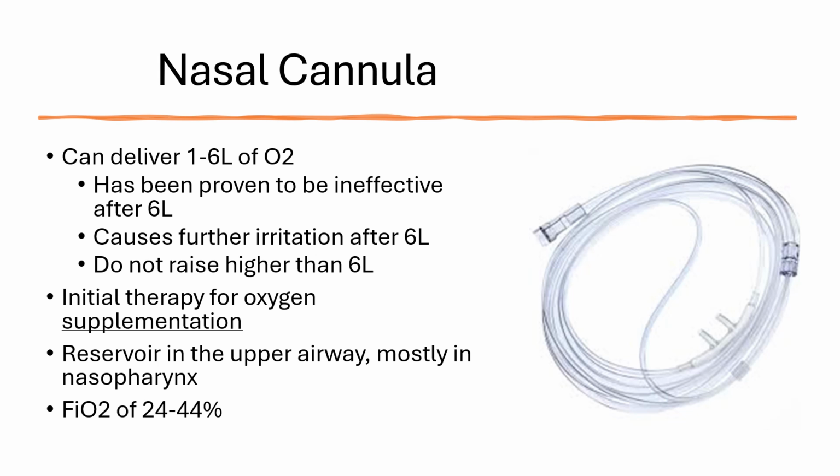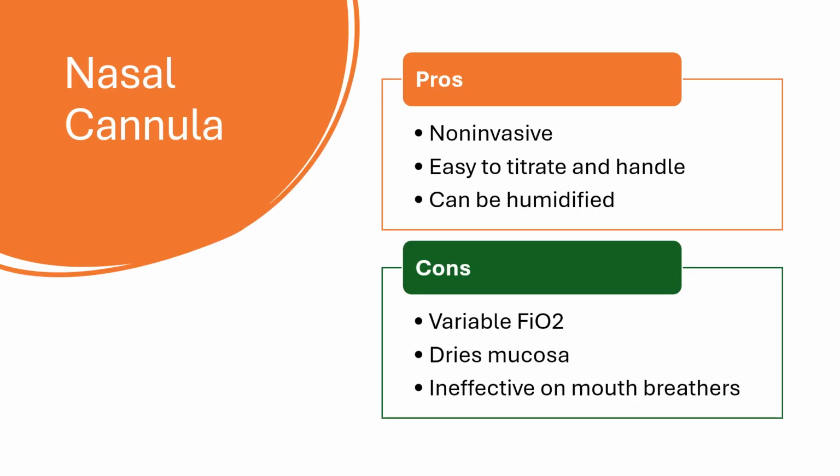This is the initial therapy oxygen supplementation. Reservoir is in the upper airway, mostly in the nasopharynx. FiO2 is 24 to 44%, so it's very close to room air. Because remember, room air is that 21%, this one goes up to 24. Pros: non-invasive, very easy to tolerate, can be humidified.